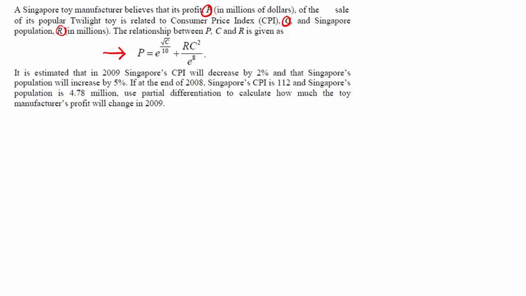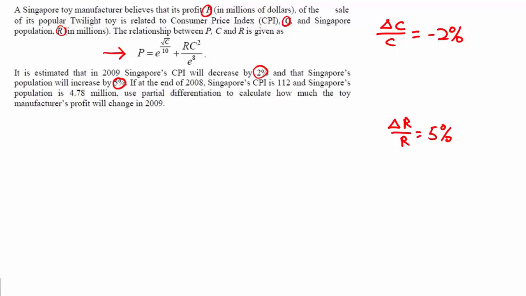And in 2009, Singapore's CPI will decrease by 2%. We can then write that delta C over C will be equals to minus 2%. Similarly, Singapore's population will increase by 5%. That means that delta R over R will be equals to 5%.